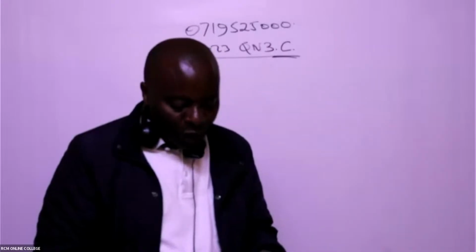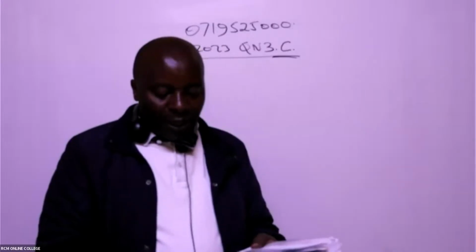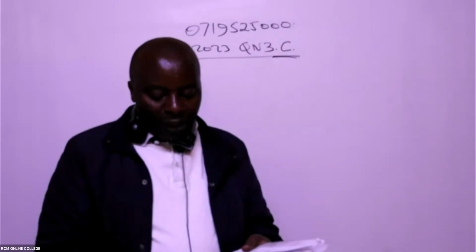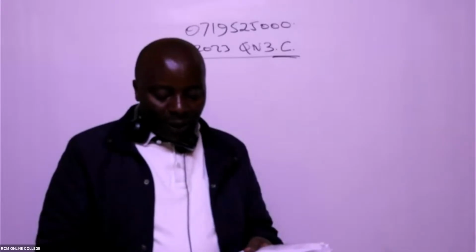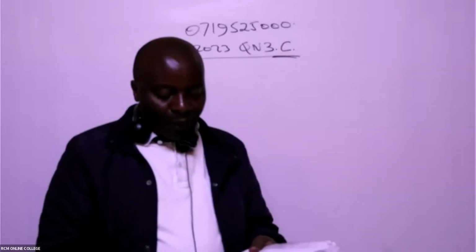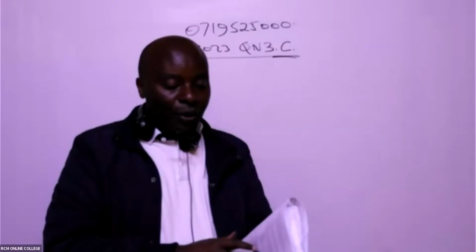Two, the land and buildings are carried at revaluation. The surplus relating to the revaluation of the land and buildings that remains in the revaluation surplus reserve as at 31st December 2022 is 65 million. All other non-current assets are carried at historical cost.